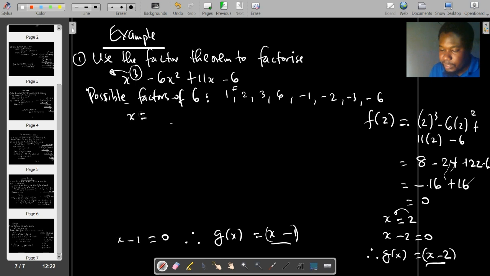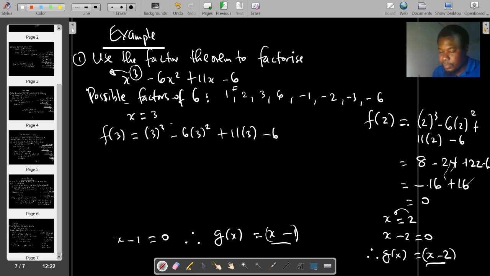We'll use x equals 3. So f of 3 gives us 3 to the power 3 minus 6 times 3 to the power 2, plus 11 times 3, minus 6. 3 to the power 2 is 9, times 3 is 27, and 9 times 6 is 54.